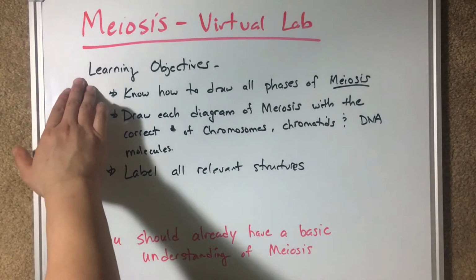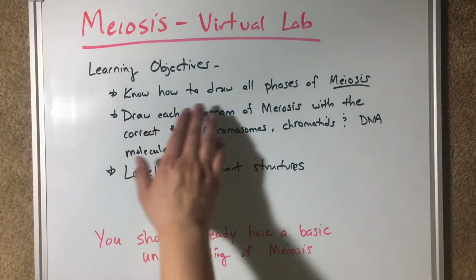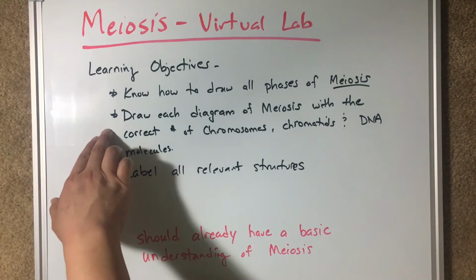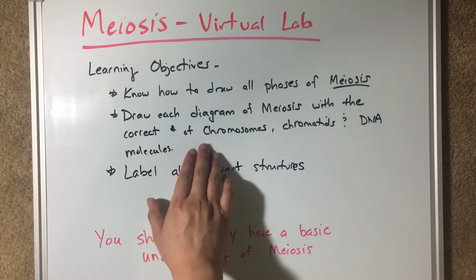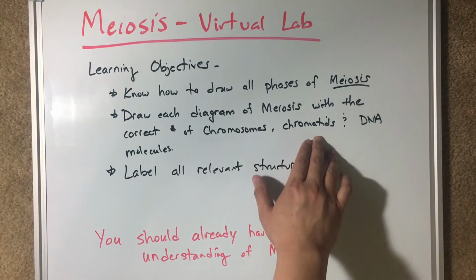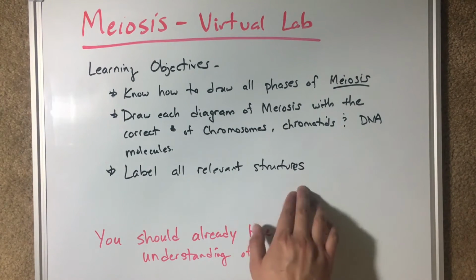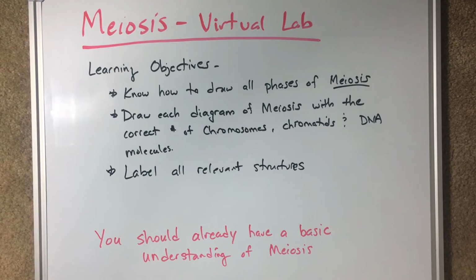So the learning objectives are these: knowing how to draw all the phases of meiosis, drawing each diagram of meiosis with the correct number of chromosomes, chromatids, and DNA molecules, and also being able to draw all of the relevant structures. Now, you should already have a basic understanding of meiosis.